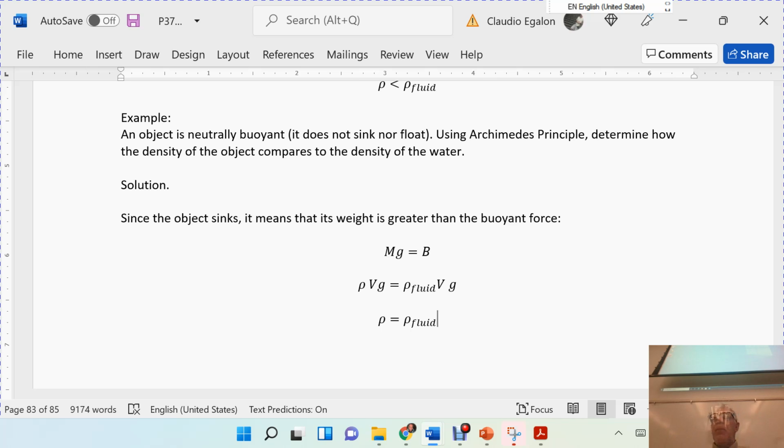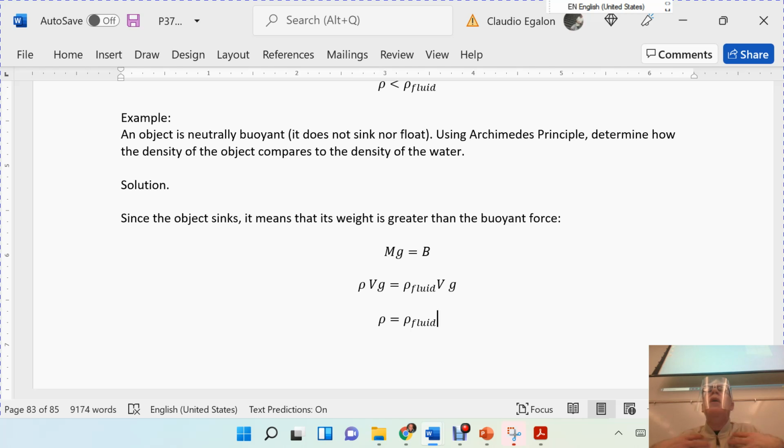buoyant. But there's something interesting about the human body, okay? The human body can change its density because we have all sorts of cavities in the human body. The lung is one of the cavities in the human body, right? And we can change the density of the human body by breathing in air and expelling air. Make sense?